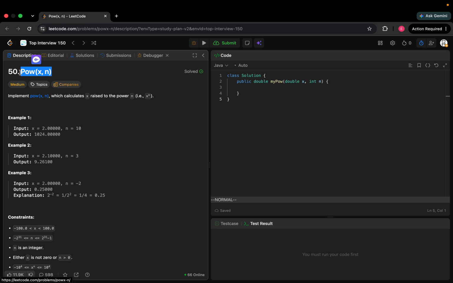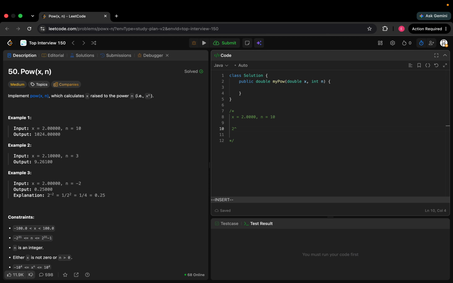So for example here, we have x equal to 2.0 and n equal to 10, which means 2 times 2 times 2 times 2, and so on, then it equals 1024.